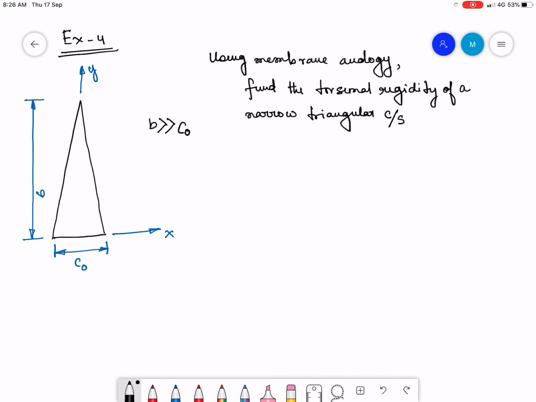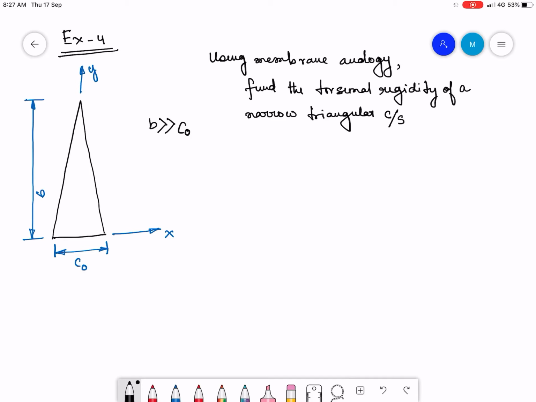Okay, so now if we can properly imagine the deformed shape of the analogous membrane, you can see that the deformed shape is parabolic at any value of y, but it is going to vary with y. The length of the parabola is going to change over y.